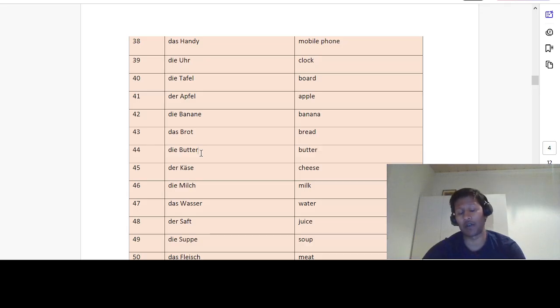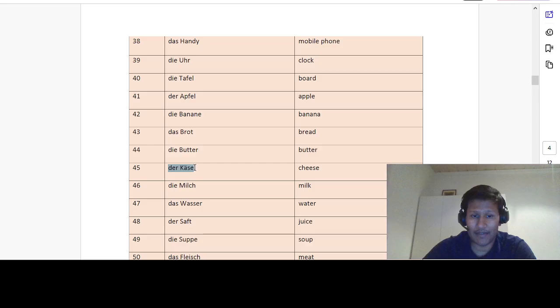In German, if you remember the nouns with articles, half of the work is already done. I'm emphasizing again and again that please remember these words with the proper article. So die Butter, butter.